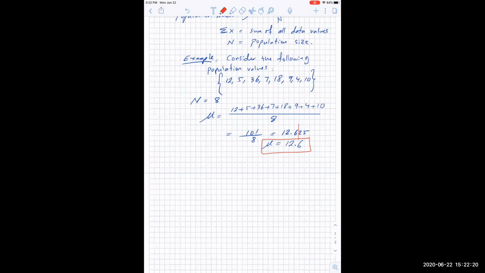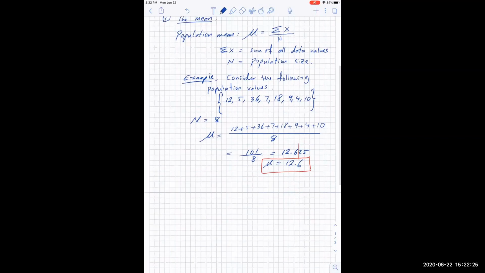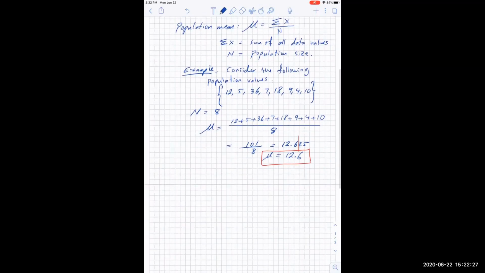Okay, my next thing is the sample mean. The symbol that we use for the sample mean is X bar. X and then a bar on top, and it's equal again to the sum of the X values divided by small n.